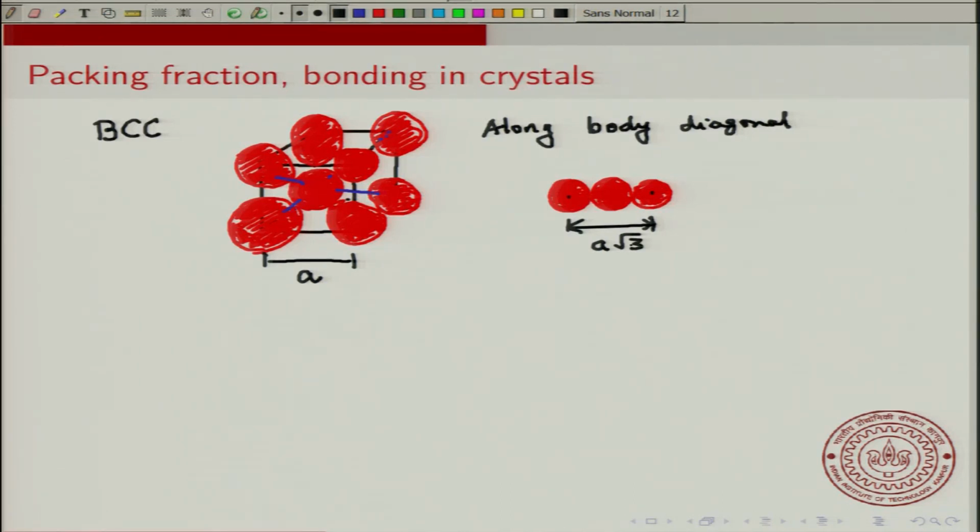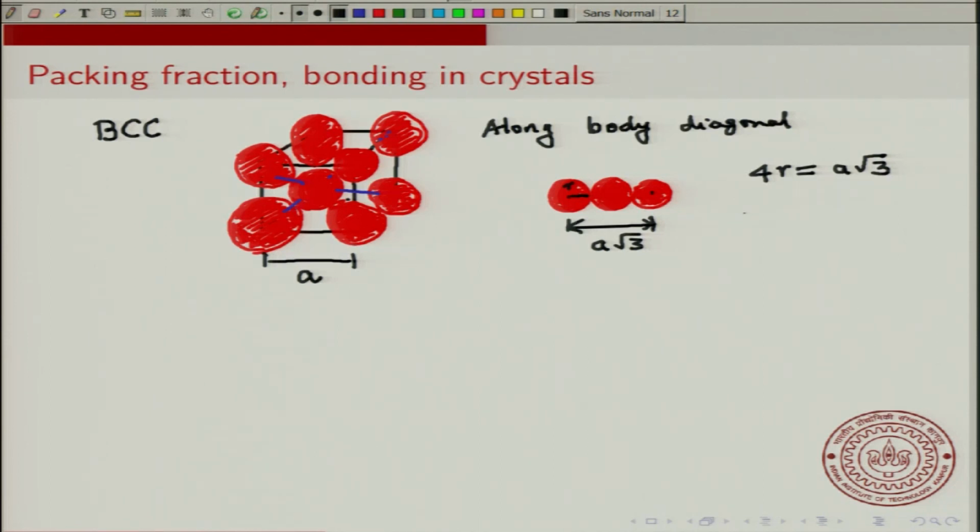Okay. And if the radius of this sphere is r, then you immediately conclude that 4r equal to a root 3. Okay, you conclude that 4r equal to a root 3, and now what you say is that in this BCC, in this cube, there are two spheres.